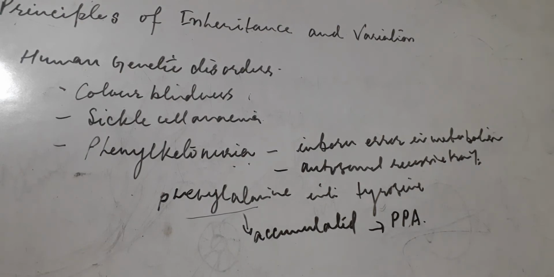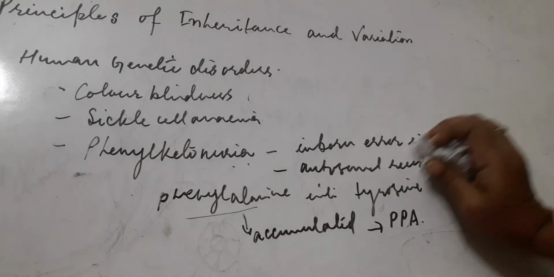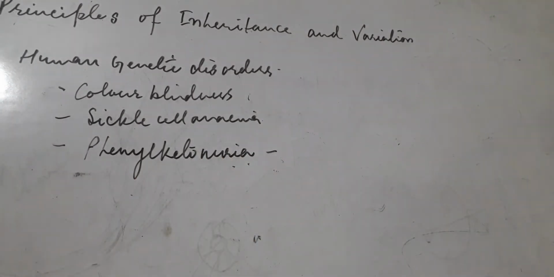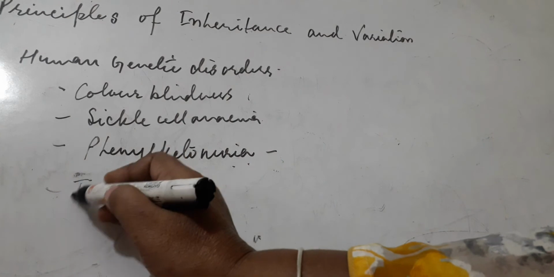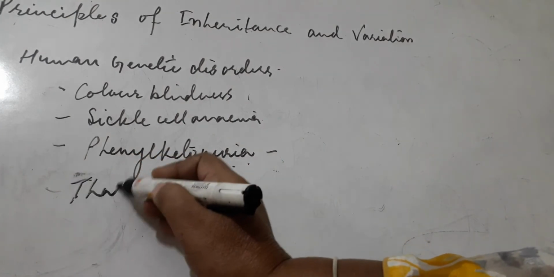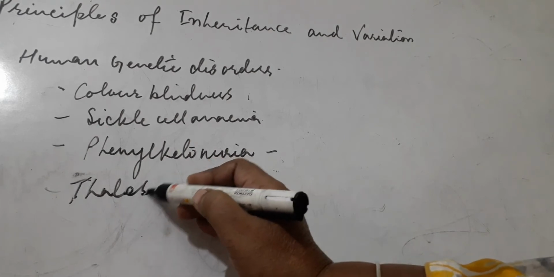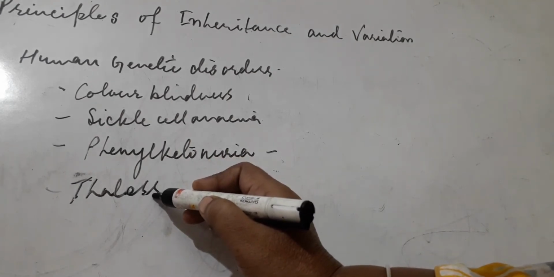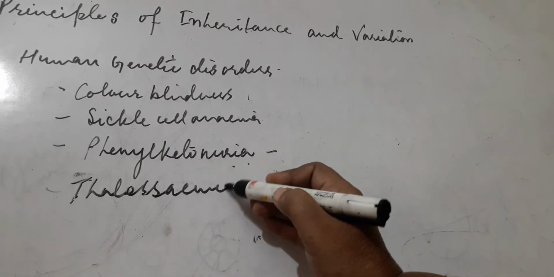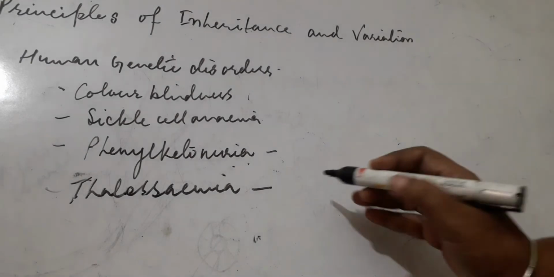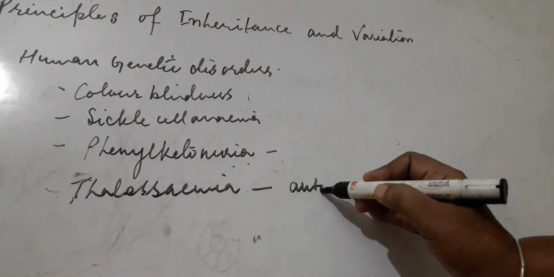The next genetic disorder we will take is thalassemia. Thalassemia is an autosome linked recessive blood disease.